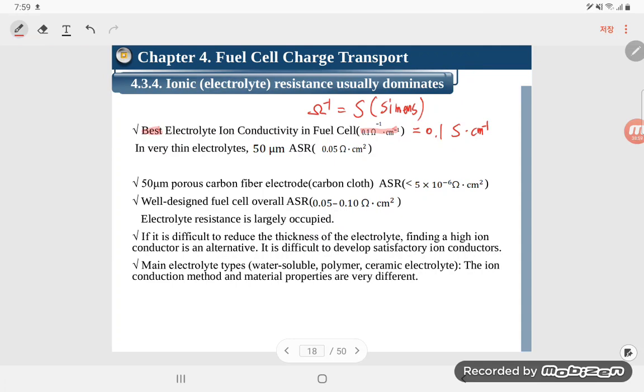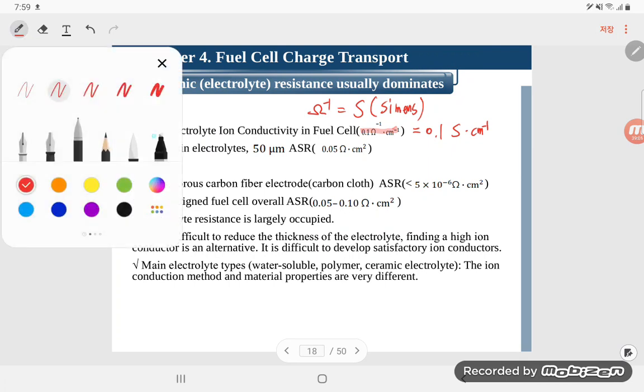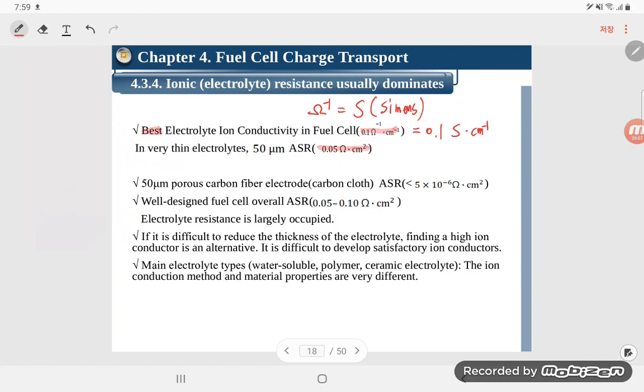So in very thin electrolytes, with a 50 micrometer membrane, it has an ASR of 0.05 ohm square centimeter.